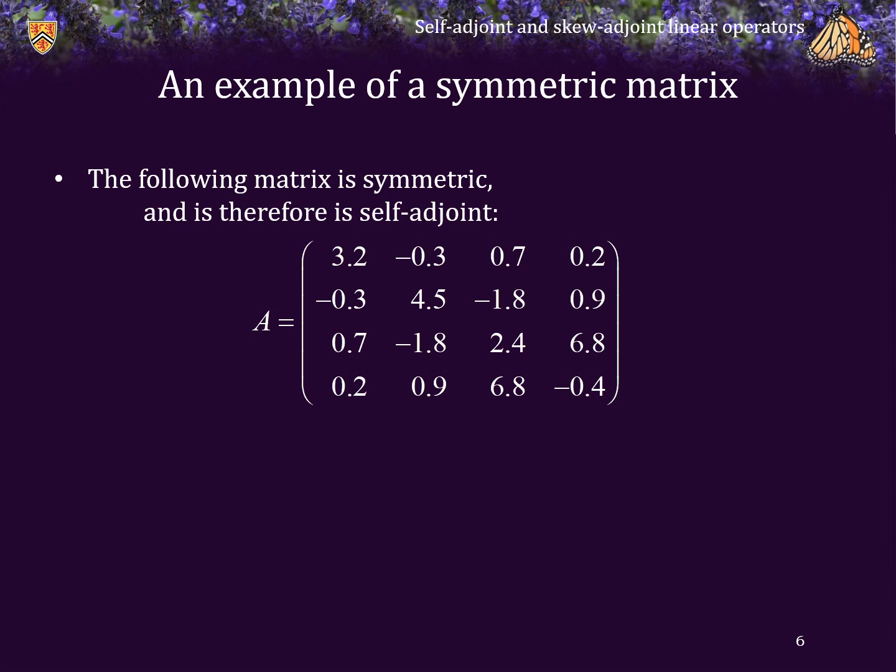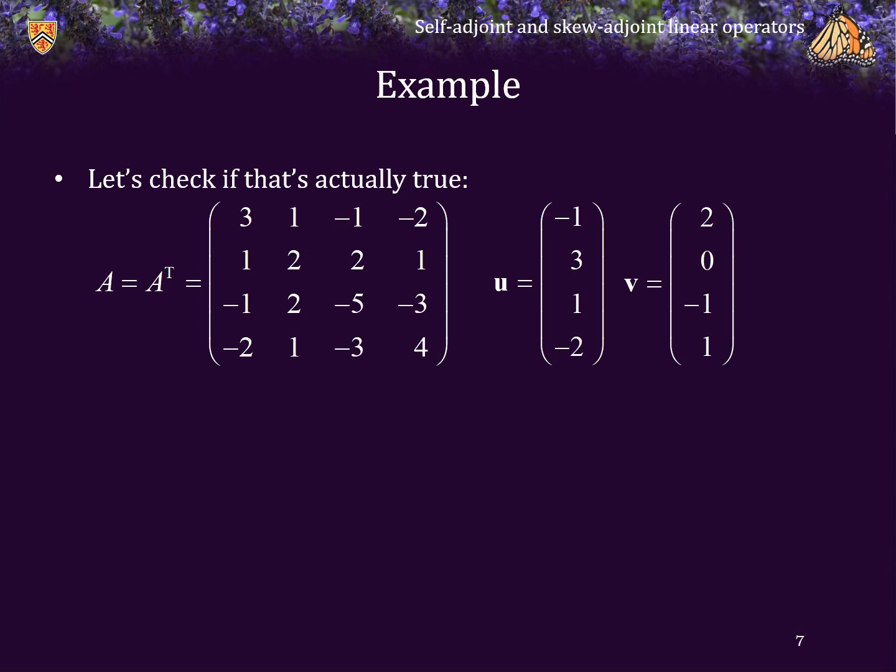Again, if we take a look at the entries reflected through the diagonal, we notice that they are the same. For example, the entry at 1, 3 is 0.7, and the entry at 3, 1 is also 0.7. Now, let's check if this property is true. Here we have a matrix that is symmetric.